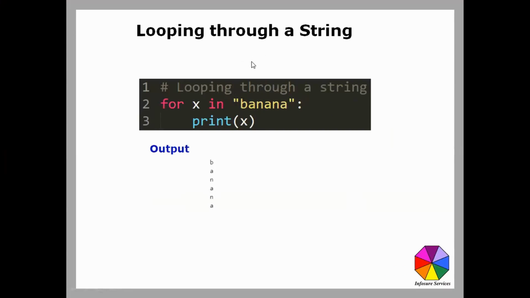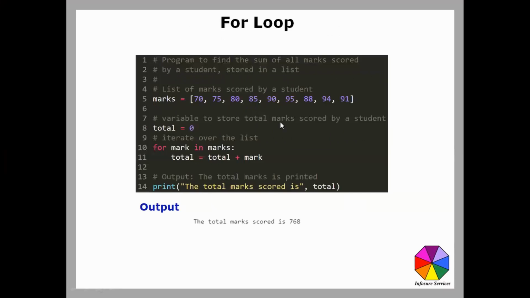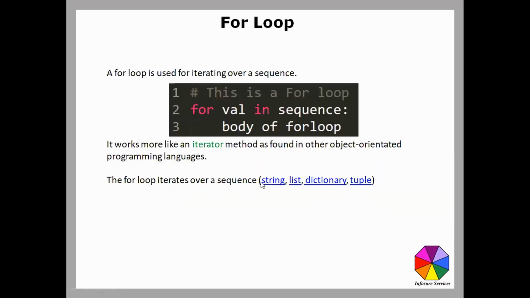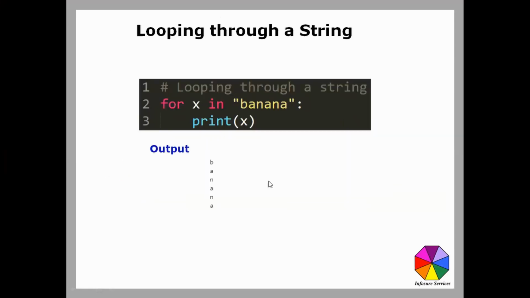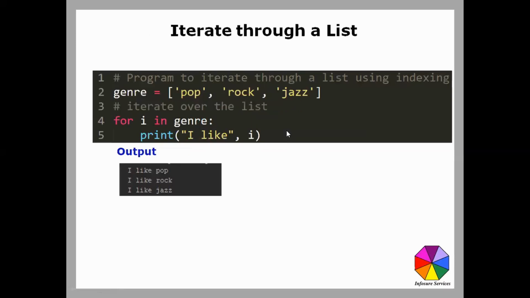Here is another example: for x in banana. Like I said, the sequence can be a string. For x in banana, print x. So it goes printing each letter of this string. So this can be a string directly.